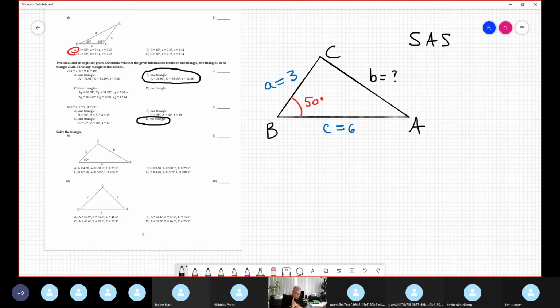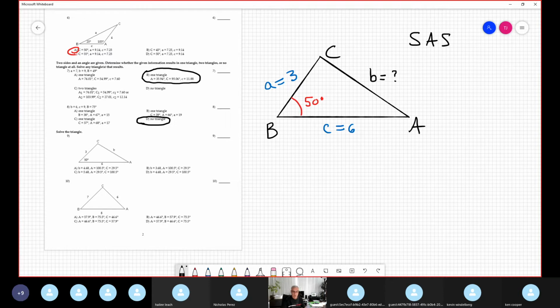But you need to remember that we're solving this using the law of cosine. So for side-angle-side, we solve using the law of cosine. But remember, the law of cosine has 3 versions, and we use the version that involves the angle we have, 50, angle B.